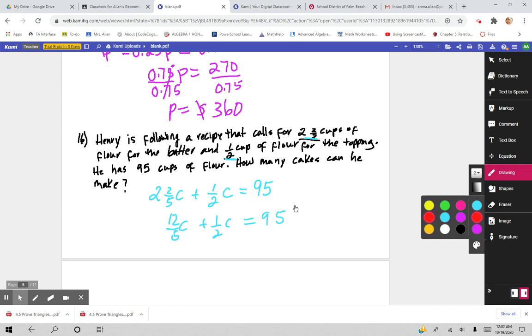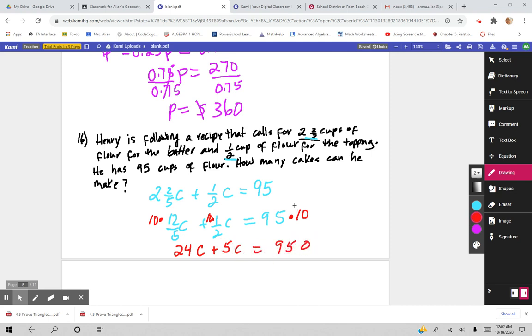Let's multiply through by 10, the least common multiple. So this will give us 24c plus 10 times 1 is 10 divided by 2 is 5c, and this will be 950.